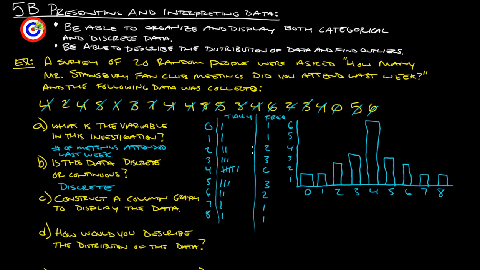Also with our column graph, be sure to give a heading for the graph, then a scale, and also label the axes. So here's our scale. This is the frequency, and this is the meetings attended.